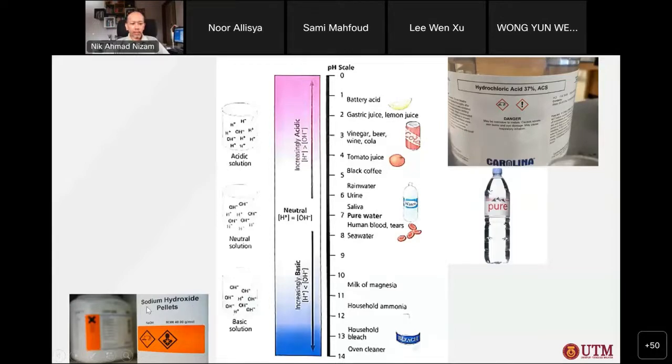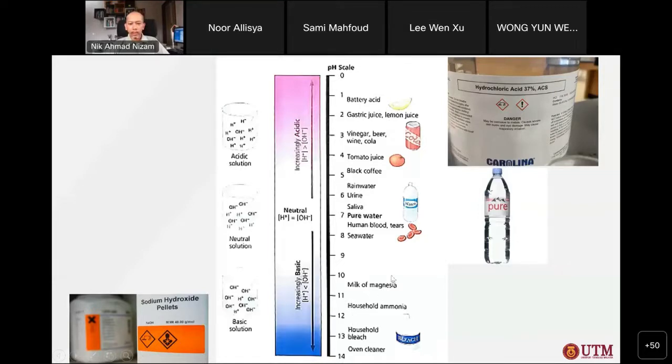Sodium hydroxide and sodium hydroxide pellets: see the picture there. This is the hazard symbol. It's a hazard to humans, corrosive to metals, and corrosive to our hands or skin. So we cannot drink this or interact with sodium hydroxide.